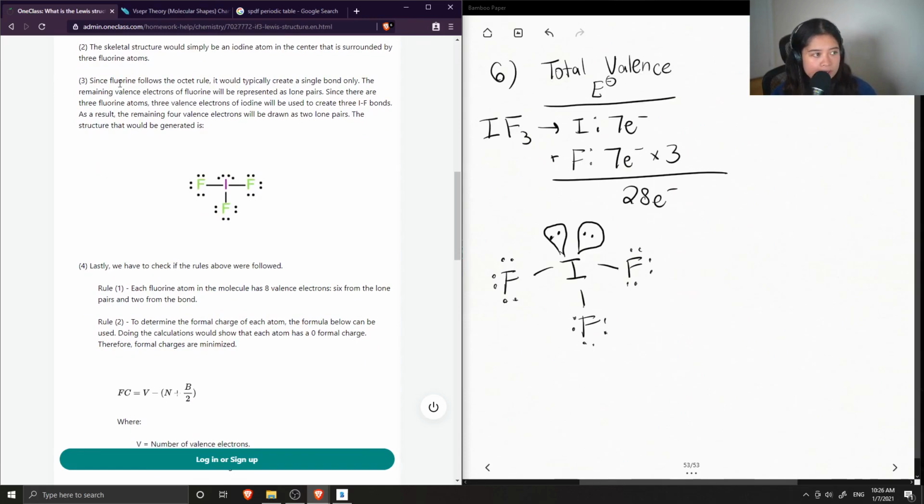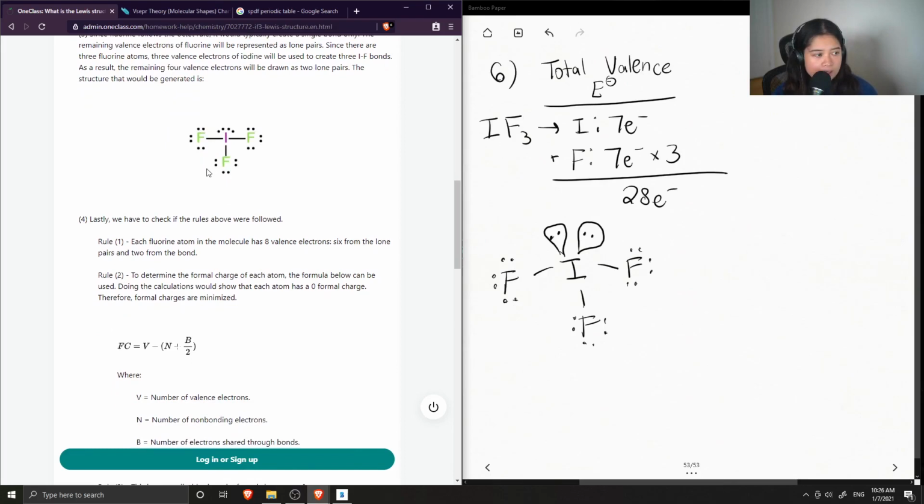Step 3, since fluorine follows the octet rule, it would typically create a single bond only. The remaining valence electrons will be represented as lone pairs. Since there are 3 fluorine atoms, 3 valence electrons of iodine will be used to create 3 bonds. As a result, the remaining 4 valence electrons will be drawn as 2 lone pairs.